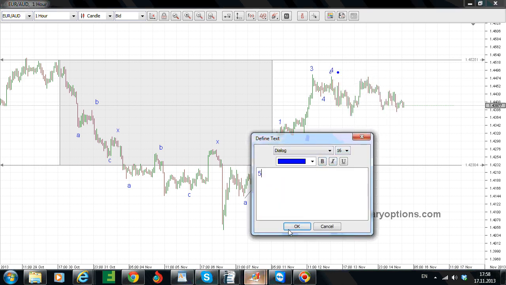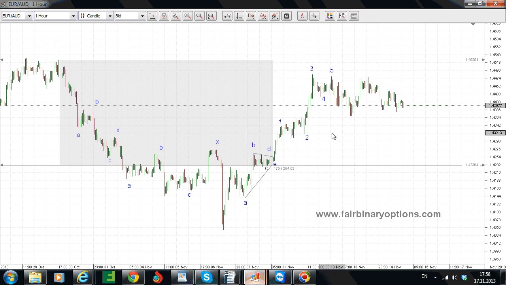The third wave is extended. Then a corrective wave, and another 1, 2, 3, 4, 5.